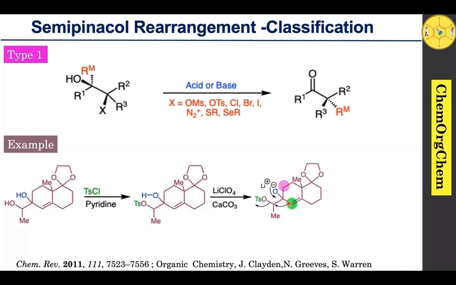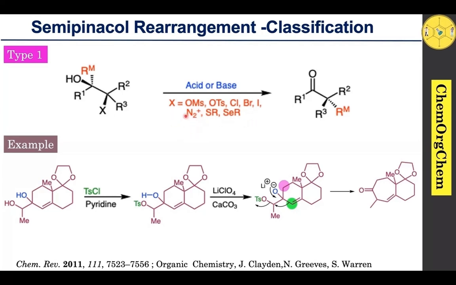Then this alkene carbon migrates to this secondary carbon center, followed by kicking out the tosylate unit, which generates the corresponding 7-membered ring system. So here, instead of O-tosylate, we can use O-mesylate, chlorine, bromine, iodine, as well as N2 plus, thioalkyl, as well as selenium alkyl also.